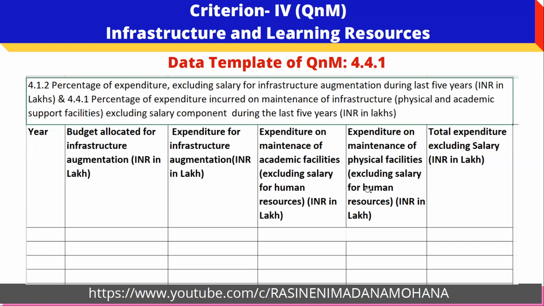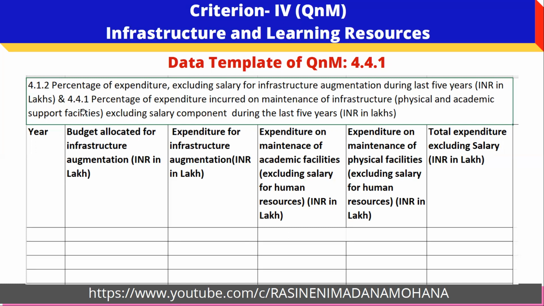This is for physical facilities maintenance. Then total expenditure excluding salary, by combining expenditure for infrastructure, expenditure for maintenance of academic facilities, and expenditure on maintenance of physical facilities. These three together will be the total expenditure excluding salary. This is the data template of the combination of 4.1.2 and 4.4.1.